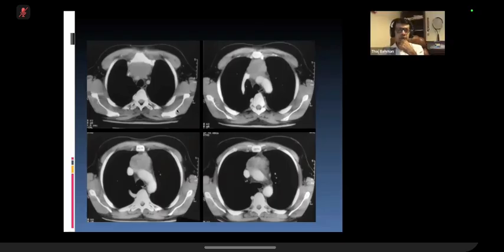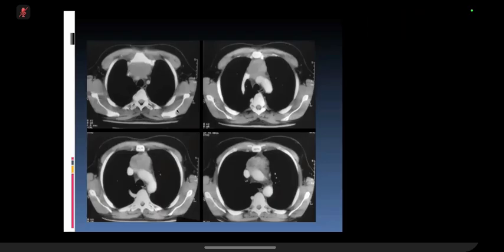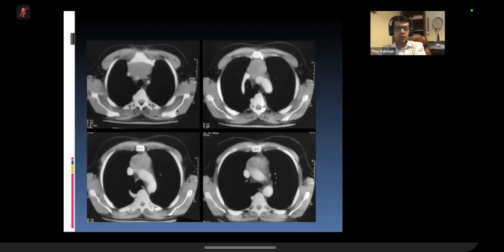So what were the differentials that we said, taking it from Chapman, of an anterior mediastinal lesion in the superior and middle region of mediastinum. So this is not a vascular structure that we know. This is not an aneurysm from the brachiocephalic artery or an aortic arch aneurysm. This is a soft tissue structure.